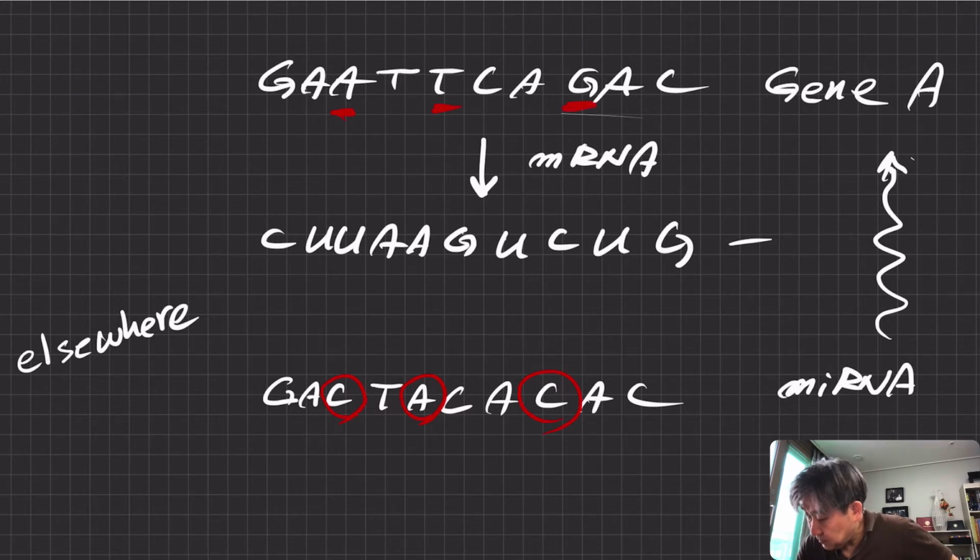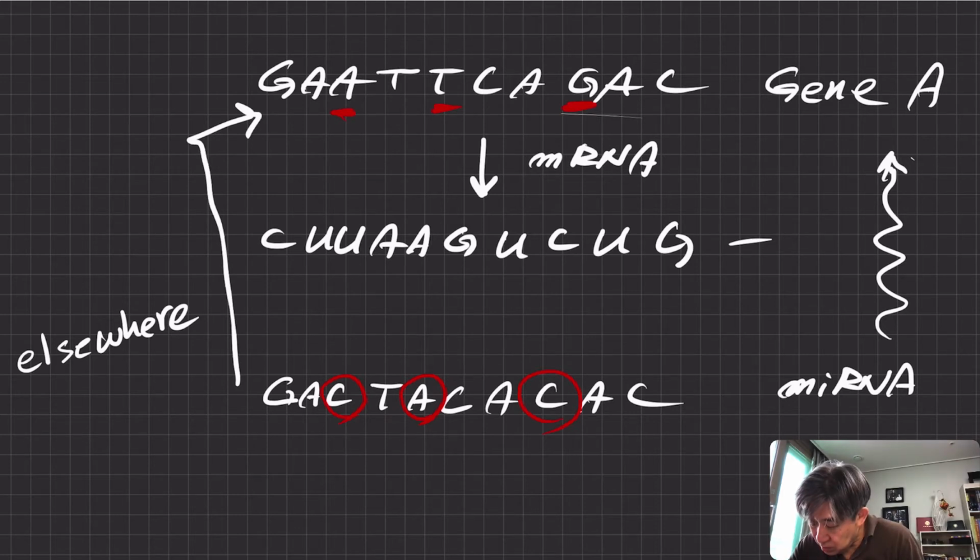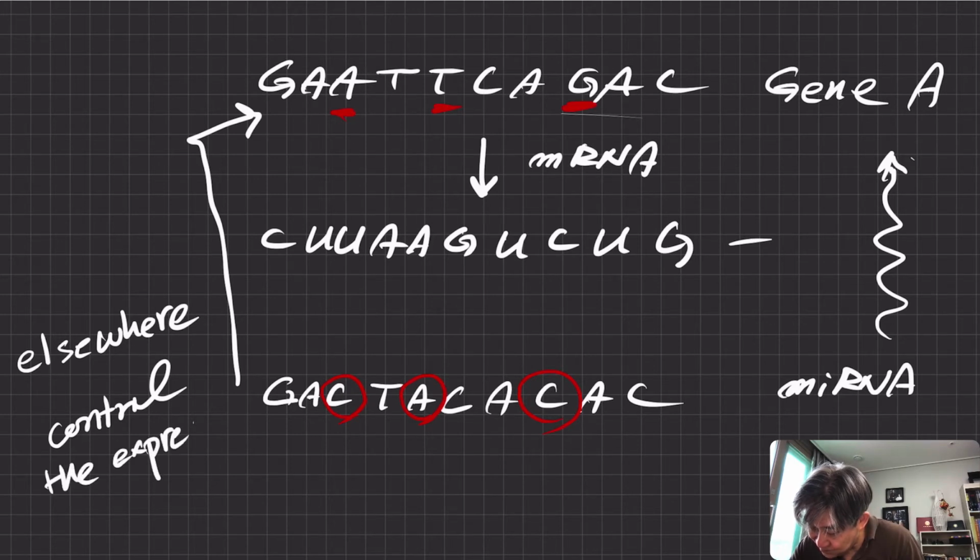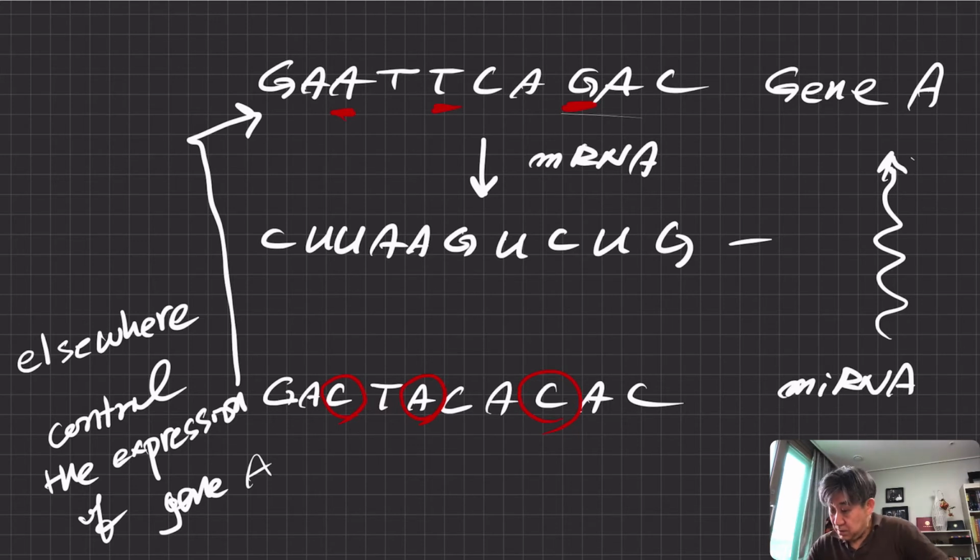So that's an example of what microRNA is, and that's the feature acting importantly in playing its function as the gene expression controller. So this microRNA will control the expression of gene A.